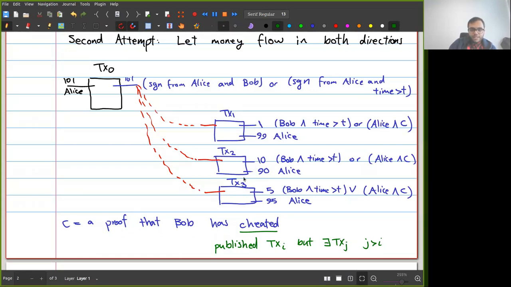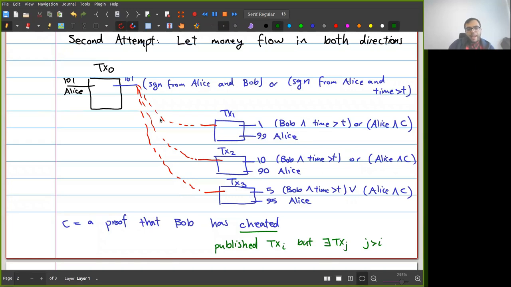I want to guard against the case where I have 3 transactions like this, for example, and the last transaction is actually not the maximum payment to Bob. Then Bob goes through the list, finds the transaction that pays him the maximum amount, and publishes that instead. And remember, this only happens when Bob wants to give a refund.